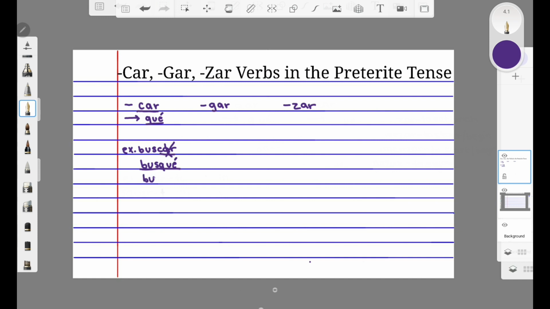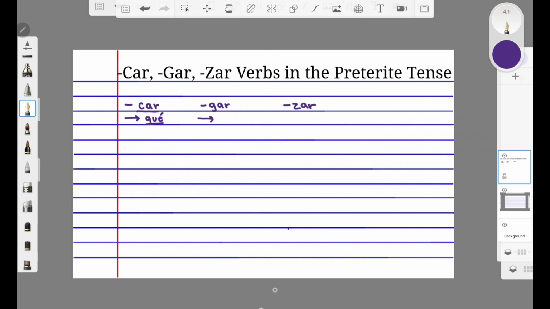Buscaste, buscó, buscamos, buscasteis, and buscaron. So the rest of my conjugation chart is not going to be affected by this rule. Only the yo form is affected in the preterite. These car verbs are irregular in a predictable way, so that's why it's not as hard to use.